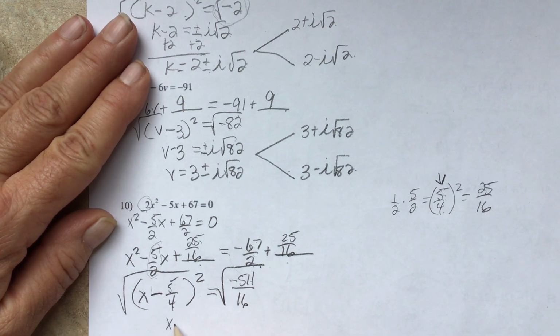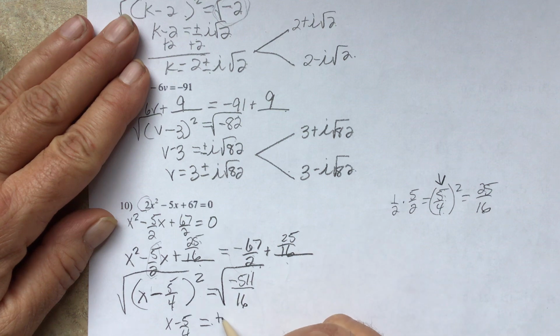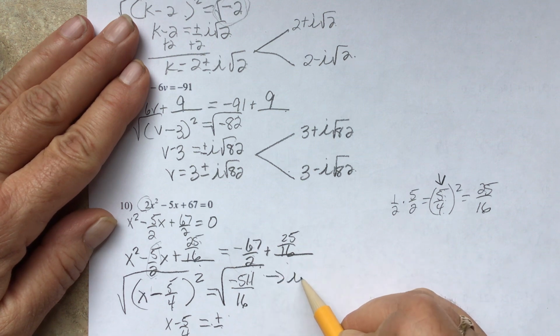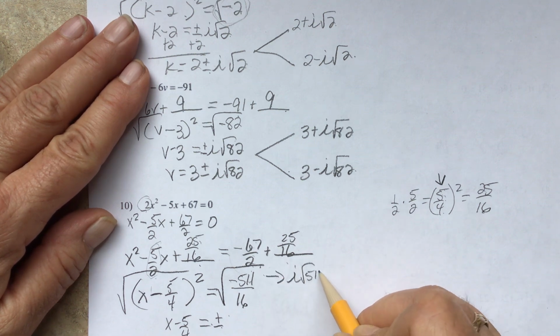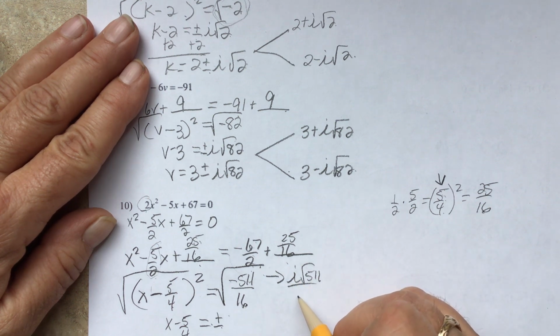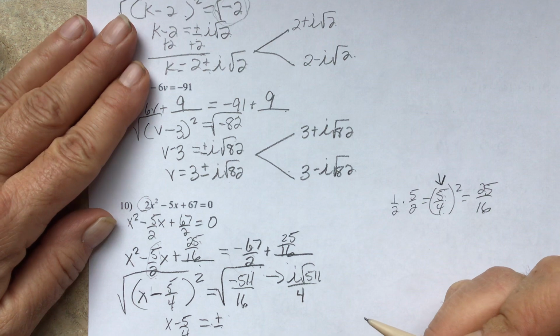Okay, so x − 5/4 pops out. And now is going to be plus or minus. We can't take the square root of negative 511, so this is going to be i√511. But we can take the square root of 16, which is going to be 4.